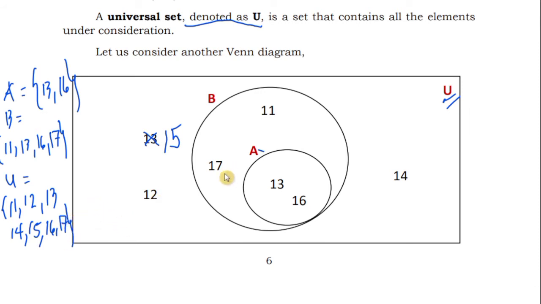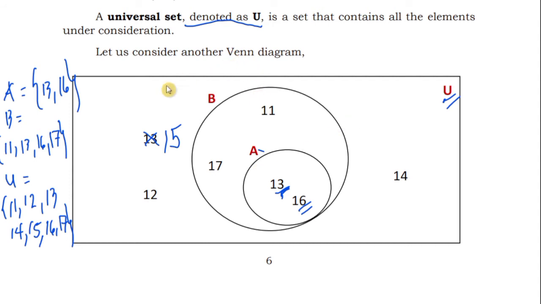Now, again, if you analyze carefully the Venn diagram because of its pictorial representation in dealing with numbers in mathematics, let us check. Set A shows the elements 13 and 16, while set B has the elements 11, 13, 16, 17.